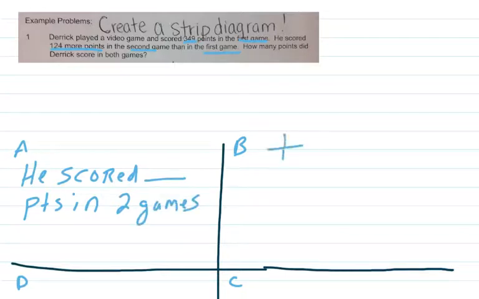This is going to be strictly just an addition problem. So right here, I'm going to put addition for the concept that I'm working on. And what lets me know is that we're looking for a total number of points.